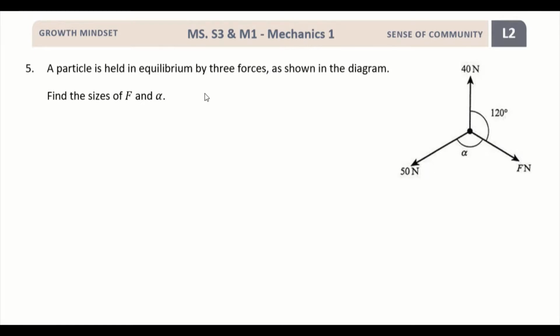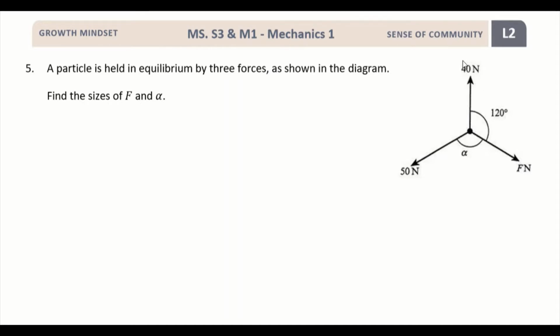Okay, so perhaps let's try to go with resolving first, and you try to see. Okay, let's try to do Lami's theorem first, maybe, because in this case, I think Lami's theorem is much easier. Why is that so? Because you can already realize that you have one complete pair, which is 50 Newton and 120 degree.